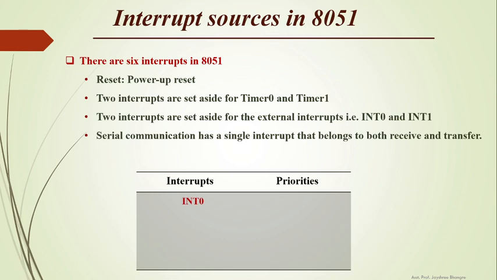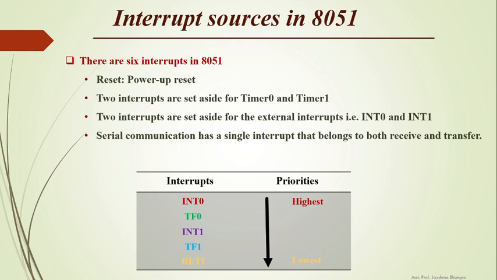Here is the table in which all these interrupts and the default priorities assigned to them are given. INT0 has the highest priority. Timer 0 has lower priority than INT0 but higher priority than the other interrupts. Then INT1 has lower priority than INT0 and timer 0 but higher priority than timer 1 and the serial communication interrupt.